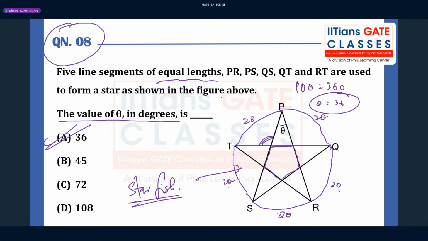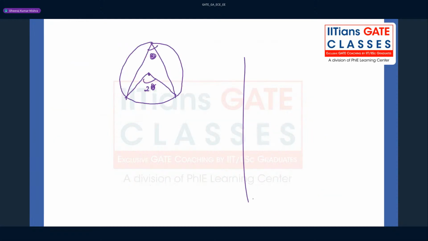Okay. And one more thing that you can do here is, imagine this is a pentagon. पentagon में total angle कितना हो सकता है? What is the sum of all angles in the case of a pentagon? Pentagon means the number of sides is 5. So (n minus 2) into 180. This is the sum of all interior angles, you can say.